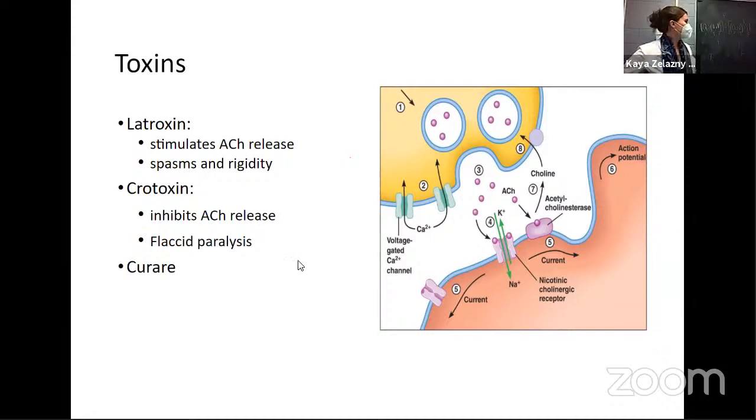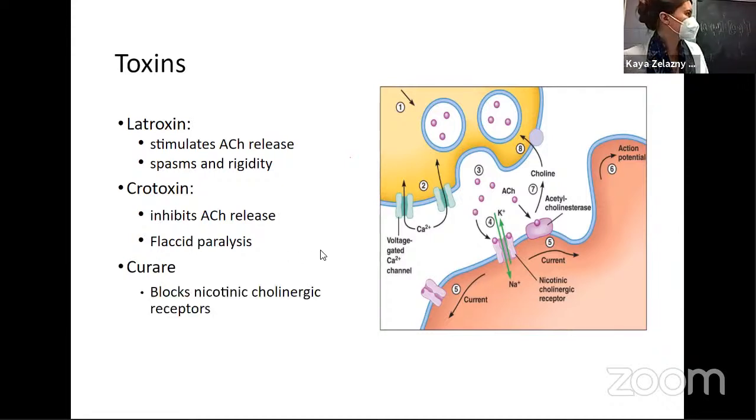And then we have curare, which is in poison dart frog. What this does is block our nicotinic cholinergic receptors. So what do you think is going to happen here? Is it going to be more similar to inhibiting or stimulating acetylcholine release if we block a receptor?